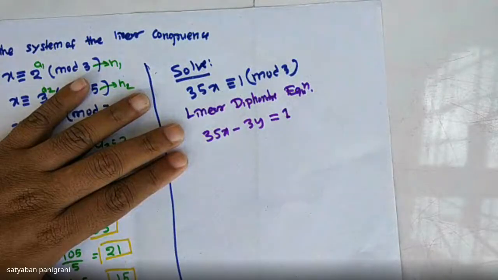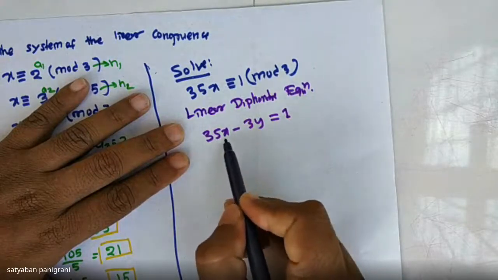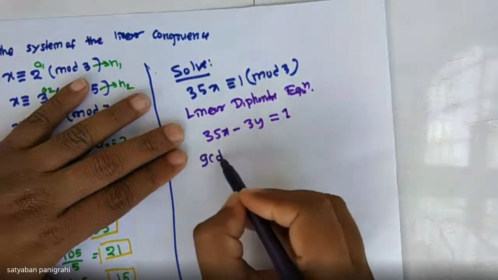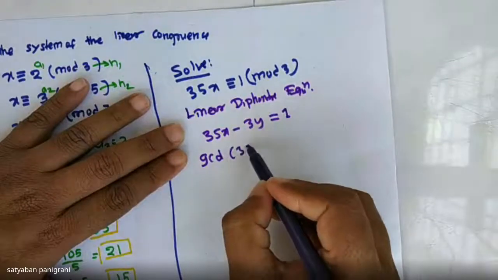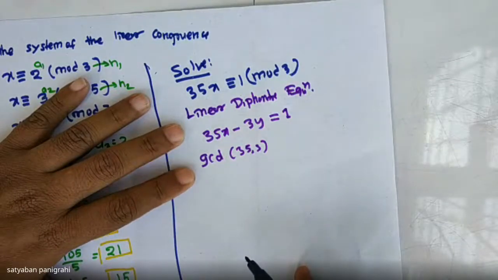That means what do you have to do? You have to find the GCD of 35 and 3. What will be the value?